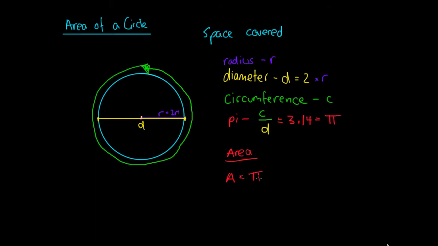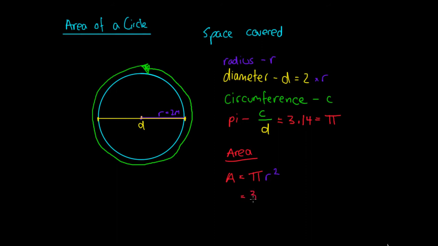It's pi times the radius squared. So the area is pi times the radius squared. Pi is always constant: pi is c divided by d, and it's 3.14 for every circle.